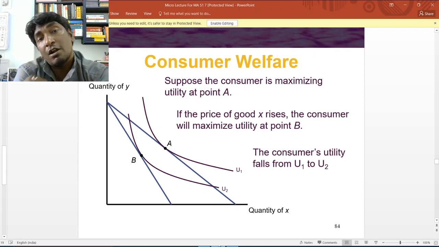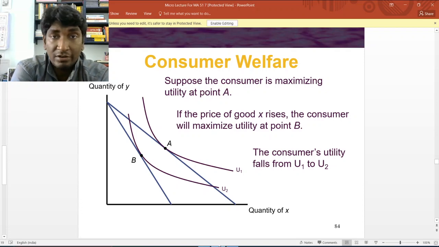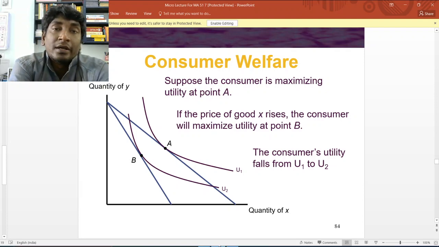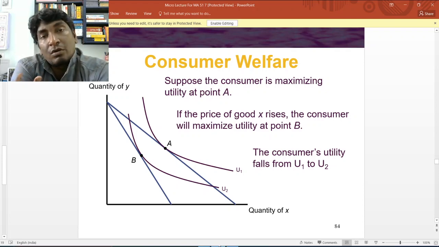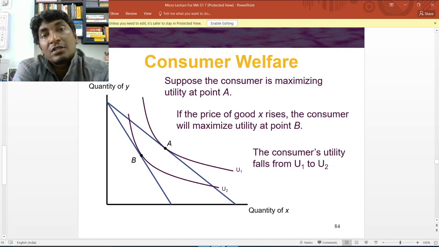But if your economy has, for example, 6% inflation, then in every subsequent period, T1 to T2, the level of utility which the consumer or the earning class gets every year falls. That means the real income of the people falls in due course.